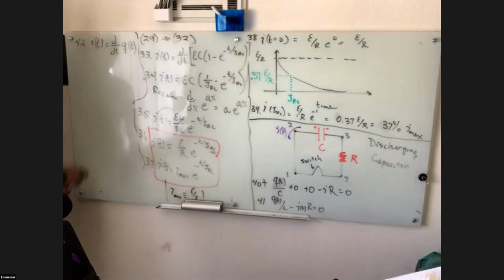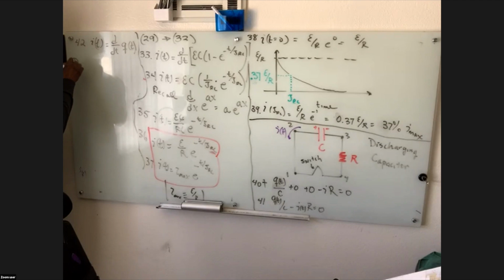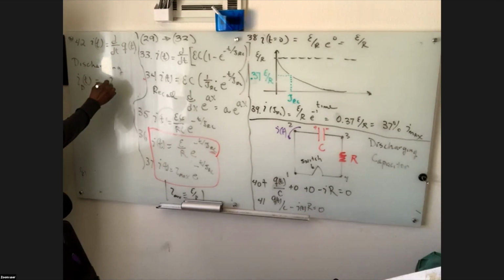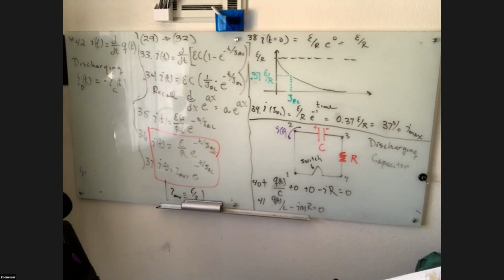What I'm saying is that for a discharging capacitor, our current, let's call it I discharge, I of t is actually negative with respect to the current for the orientation for charging. So whenever we substitute in for the definition of I of t, dq dt, we have to put in another negative sign because of that.